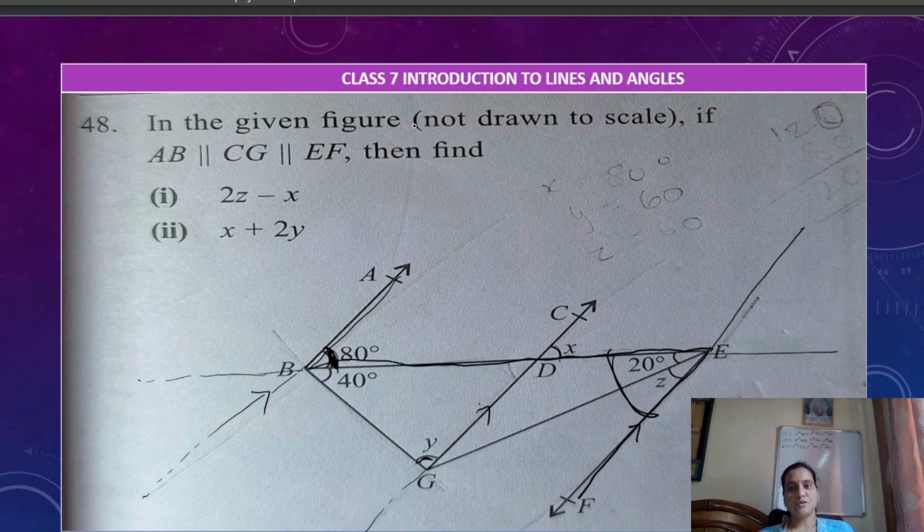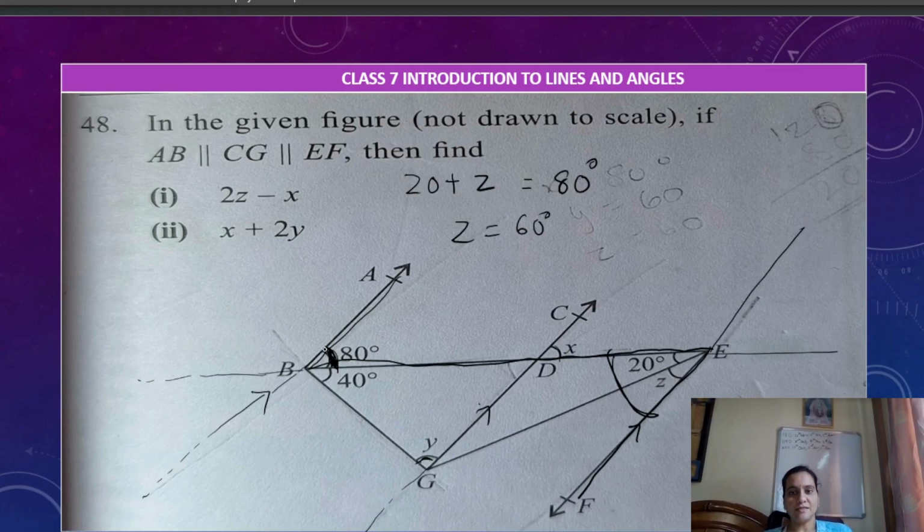So 20 plus Z, and line AB is parallel to line EF, that means 20 plus Z will be equal to 80 degree. Since they are alternate interior angles, Z will be equal to 80 minus 20, which is 60 degrees. So I found the value of Z.